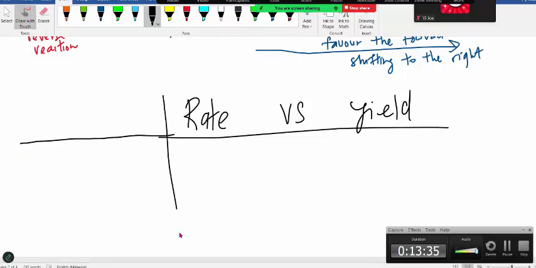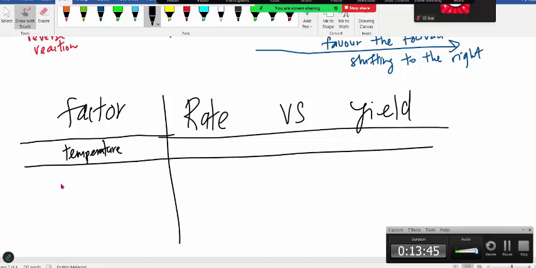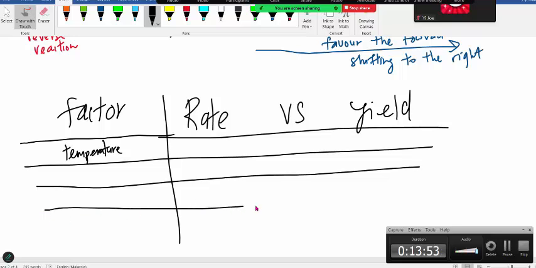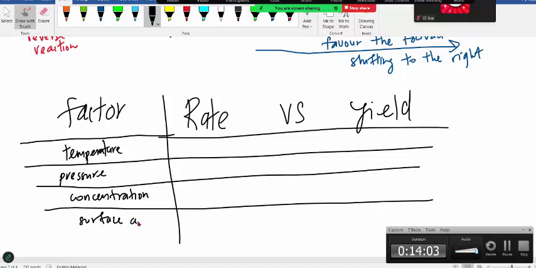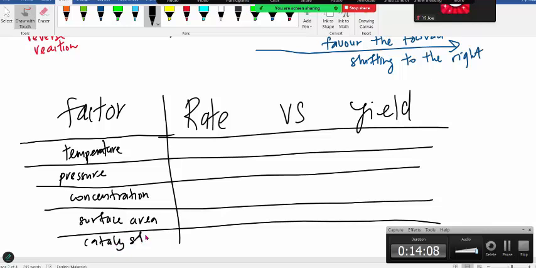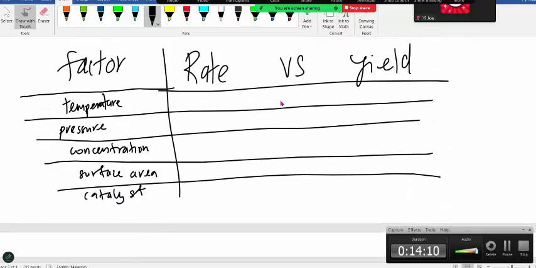There are 5 factors. Temperature. Some more? Surface area. Catalyst. Pressure. Concentration. Are these the 5 factors?